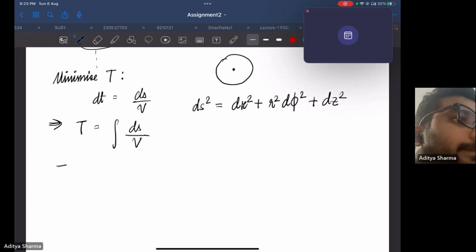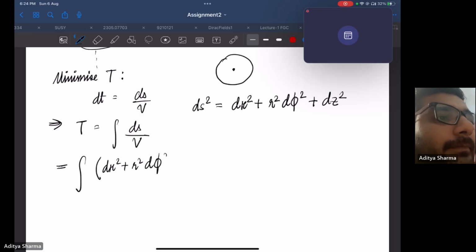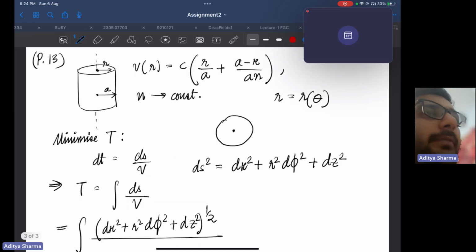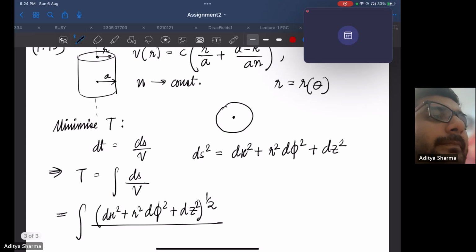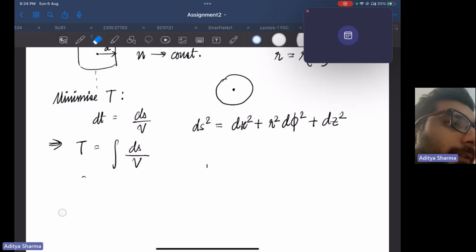So we have ds is equal to dr square plus r square d phi square. This is a very bad notation, but it's all right. This is not how I should write it, to be honest.